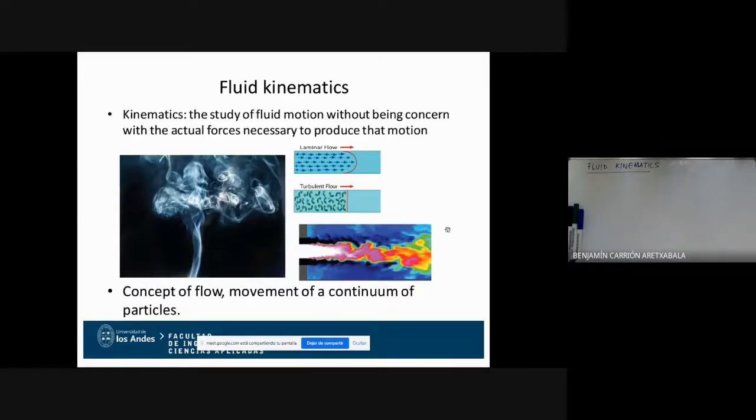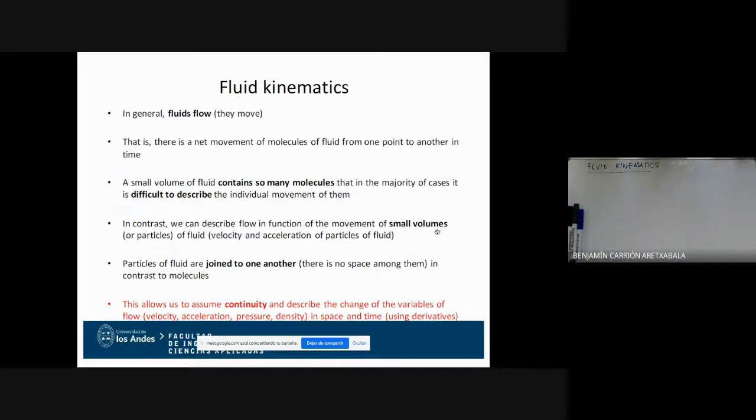The key concept here is that we're going to consider the flow to be a continuum. That means we're not interested in describing the motion of each particular molecule of water, but how we describe the motion of water.